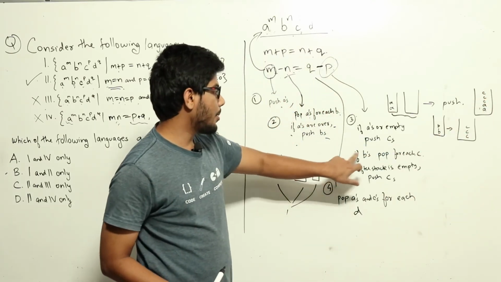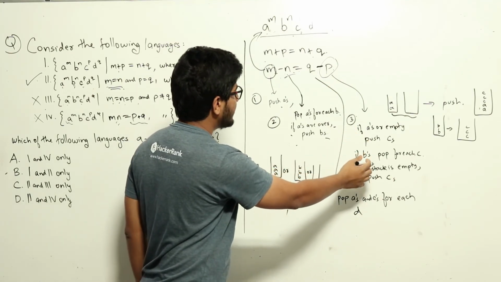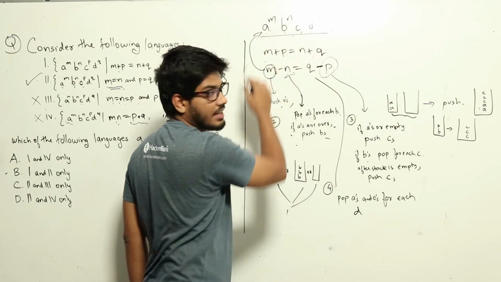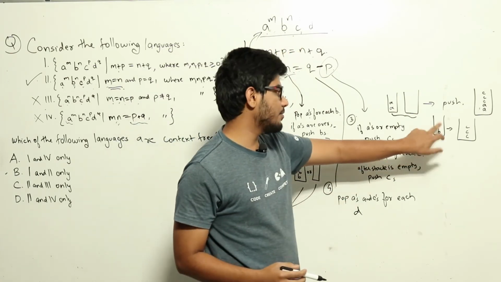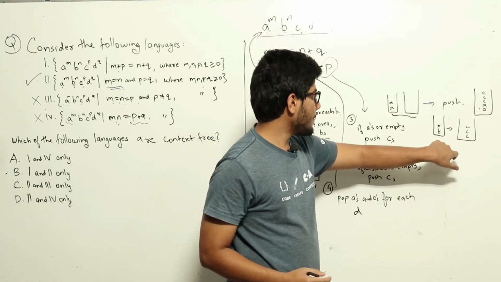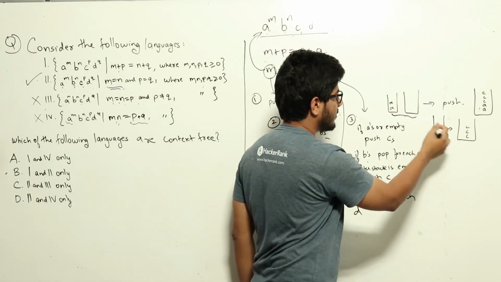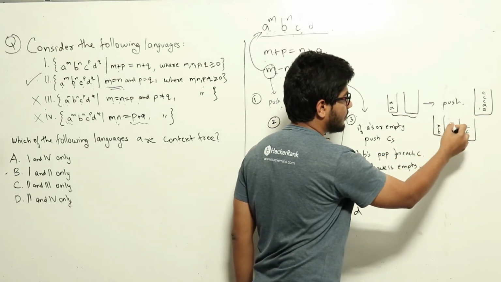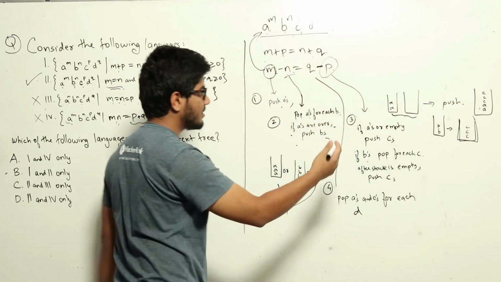Or if there are B's in the stack, the meaning is that the number of B's was greater than the number of A's we saw. In that case we will be popping off the B's, and then we'll be pushing the C's after the stack is empty. So there are 2 cases, I'll repeat again. There can be A's or the stack is empty.